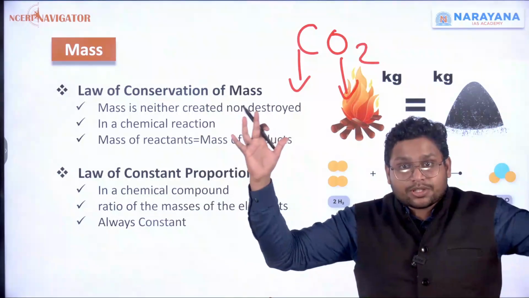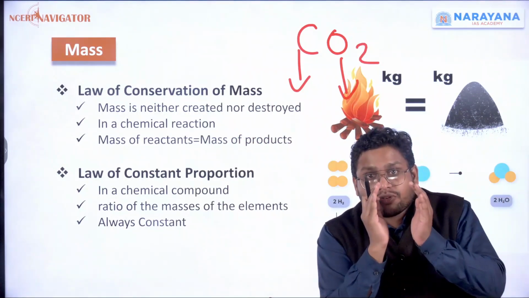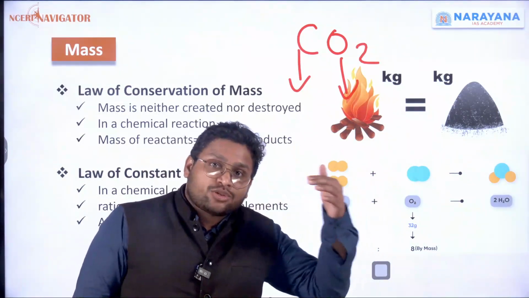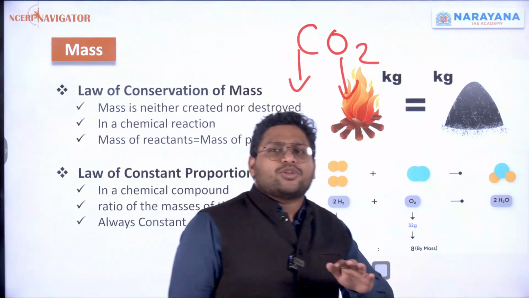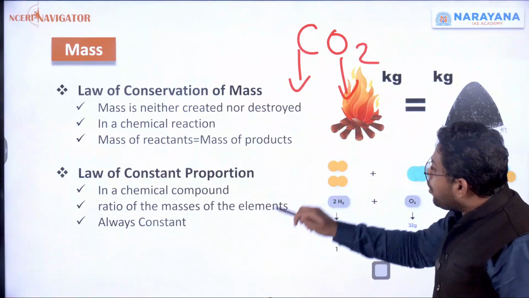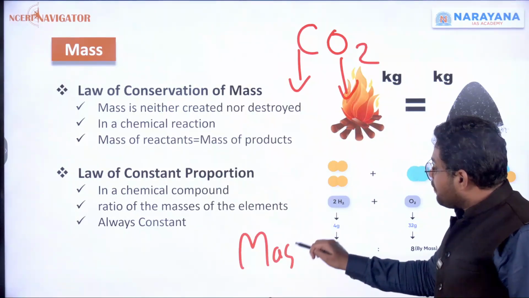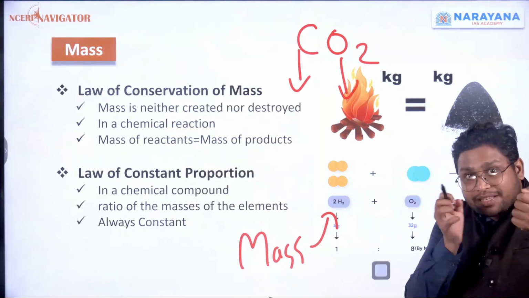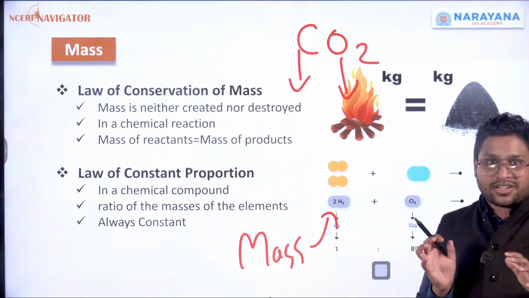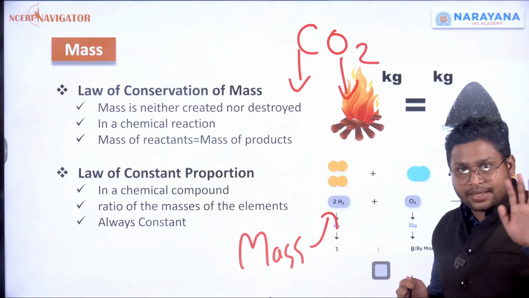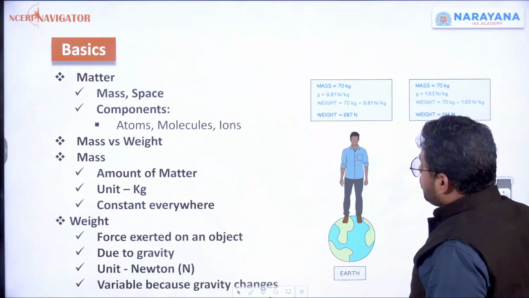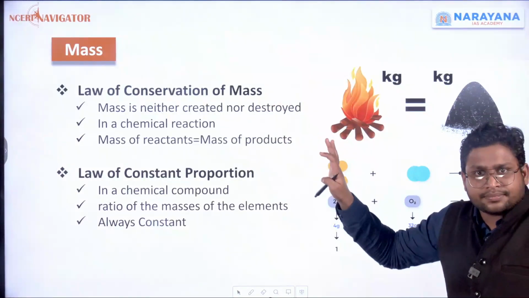Whether you have this much carbon dioxide or that much, whether you change its state from gas to liquid, liquid to solid, whatever you do, the amount of mass with respect to each element is going to remain constant. Means the ratio will remain constant. The same ratio will be there. Clear? So this is just a basic principle through which mass is governed.